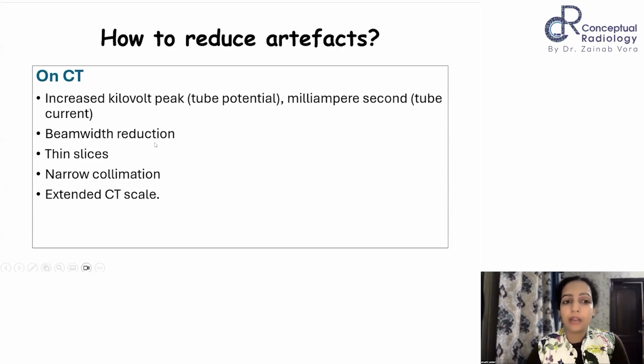You can reduce the bandwidth, acquire thinner slices, and for visualization, use the thicker slices. Then you have to narrow down the collimation and you have to extend the CT scale. So these are the basic steps when you have to reduce the streak-like artifacts. So something that you can do, not just for the spine, but for anywhere in the body. This is something that needs to be done.